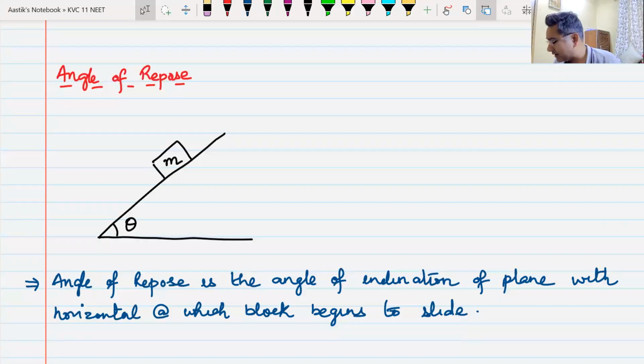Do we understand this? I will show you. I forgot that the screen sharing was not on. So angle of repose is the angle at which the block begins to slide.